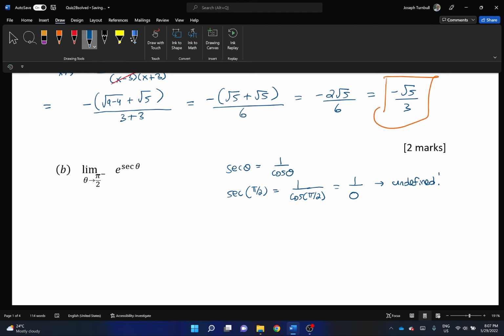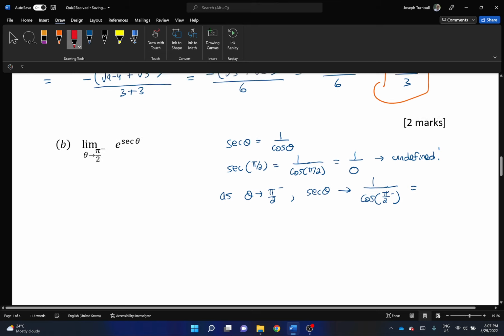However, as theta goes to pi over 2 from the left, secant of theta goes to 1 over the cos of pi over 2 from the left, and in terms of the CAST rule, I'm going to draw what pi over 2 from the left looks like.